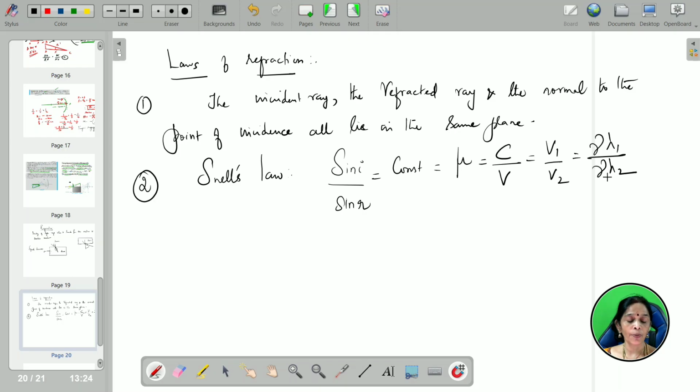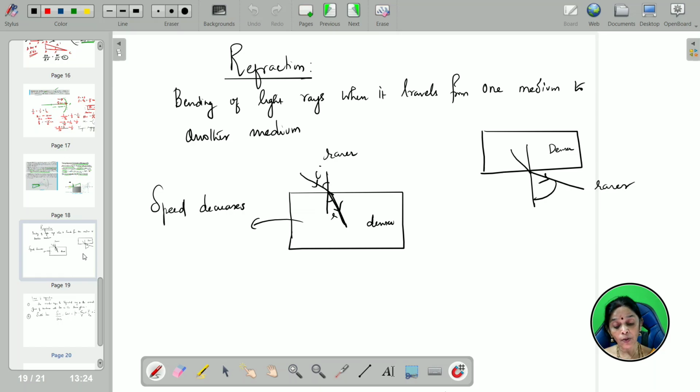Already we have discussed the frequency of the light when it travels from one medium to another medium. So, this is the denser medium, this is the rarer medium. The light source emits with a certain frequency nu.